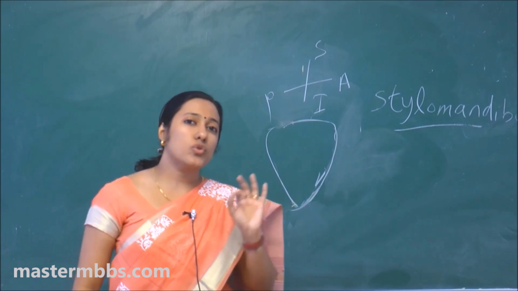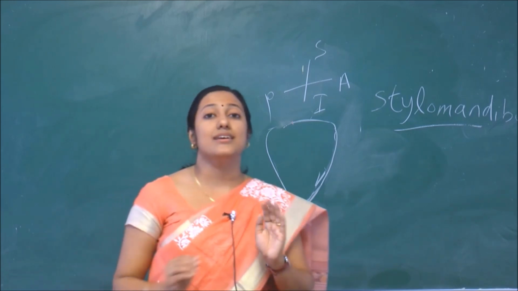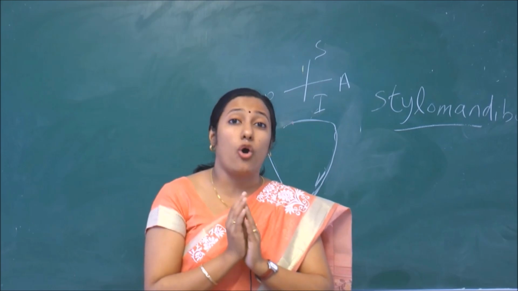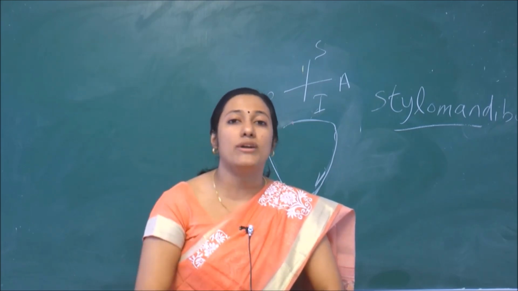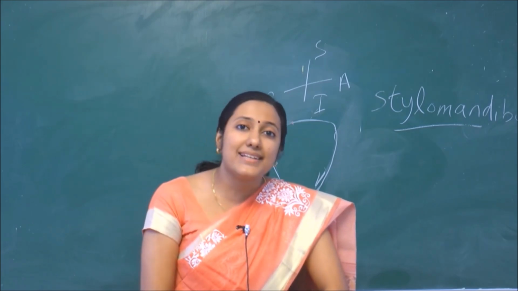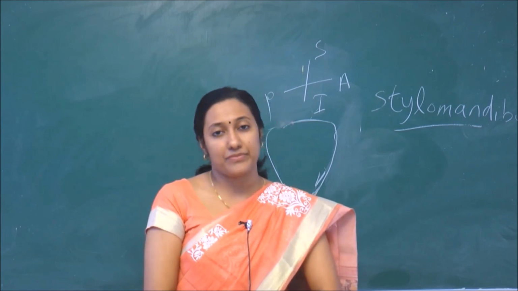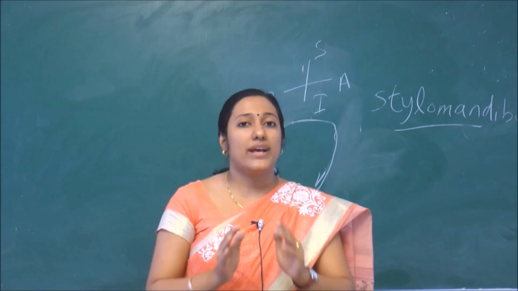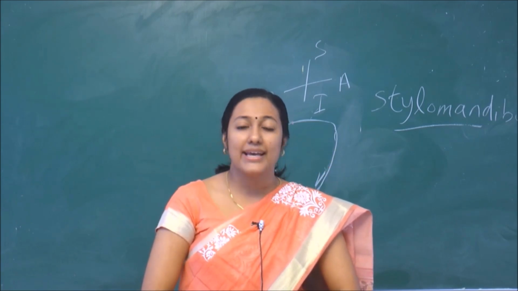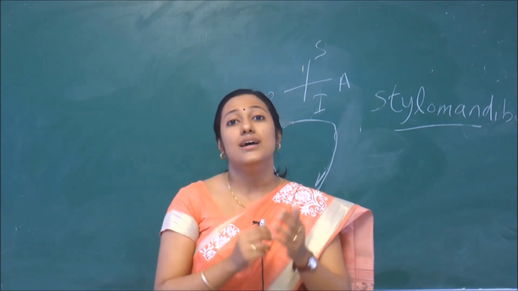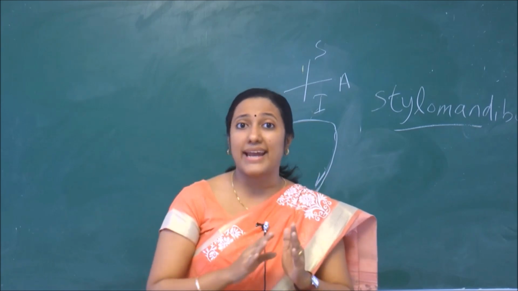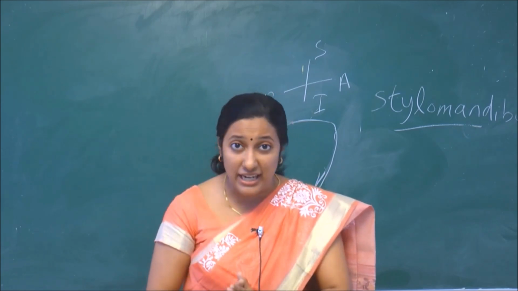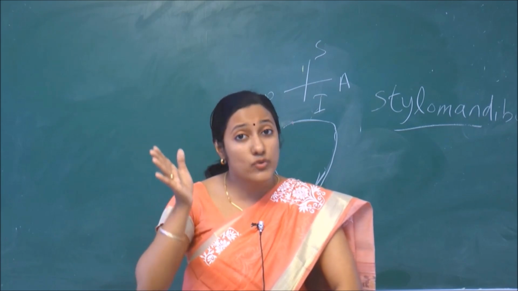So before going to those structures, I will just revise a little bit of our branches of one important artery, which is nothing but the external carotid artery. So we know there is arch of aorta. The arch of aorta has got its own branches, and from the arch of aorta, one common carotid at one side, and at right side brachiocephalic trunk will come, which again will get divided into a common carotid.